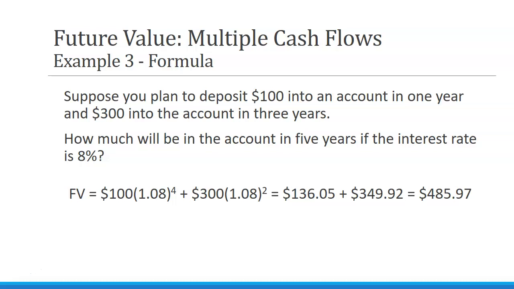At the end of year 3, we add another $300. How much will be in the account in 5 years? The $100 is going to earn 4 years of interest, and the $300 is going to earn 2 years of interest. So we add those two calculations together in order to get the future value.